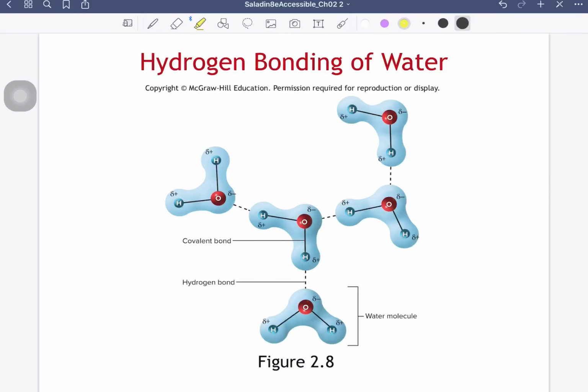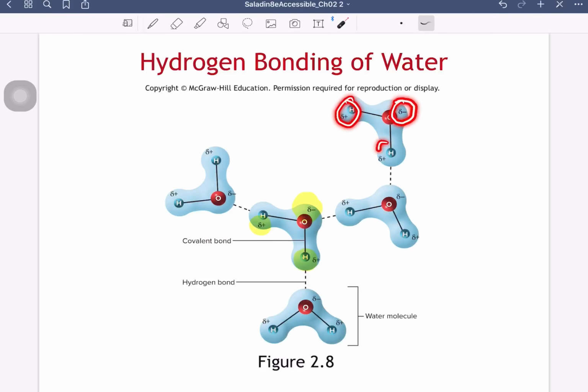Just a quick look at water here. As I said, you can see that one end here is more negative, one end here is more positive because this is a polar covalent bond. We have polar covalent bonds. So if you really think about it, this water molecule, one end tends to be negative.